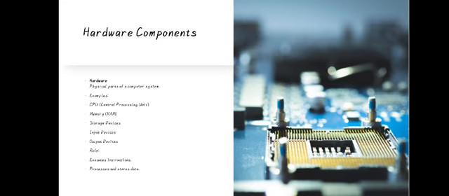Hardware components means the physical parts of the computer system, for example CPU, memory, storage devices, input devices, and output devices. Their role is to execute instructions, process, and store data.